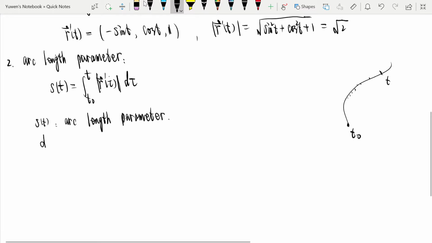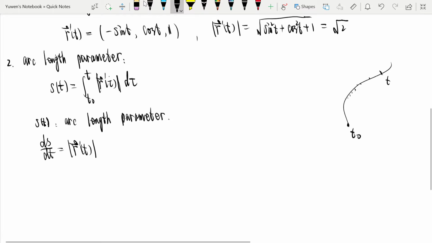And ds/dt is actually the length of the derivative of r(t). Because s is an increasing function of t, there is an inverse function, so t can be regarded as a function of s.